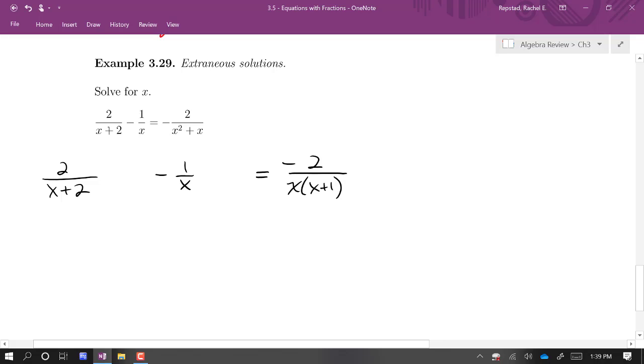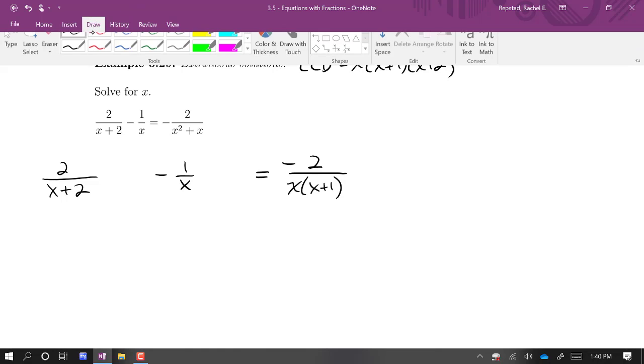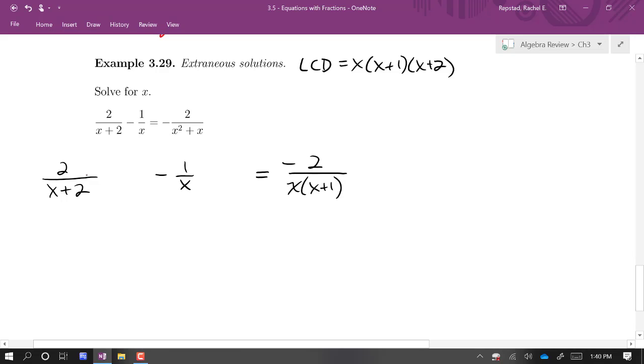Now, looking at the fractions that we have here, the LCD is x times x plus 1 times x plus 2. All right, so I need to have all 3 of those factors present. I'm going to multiply through.